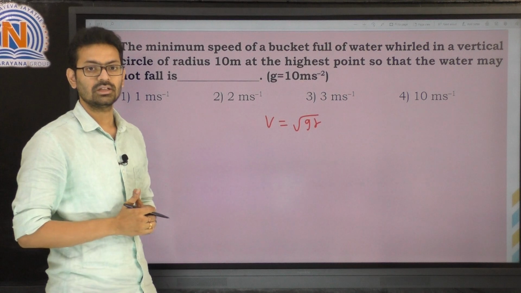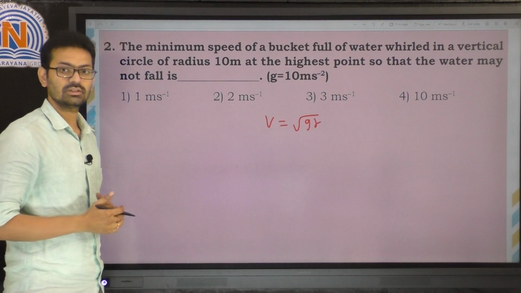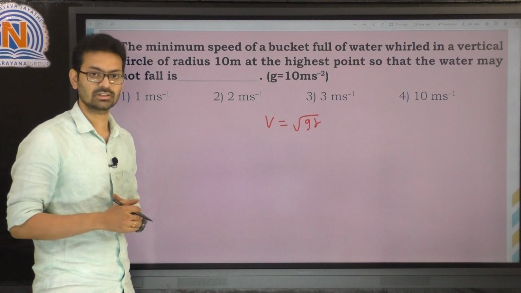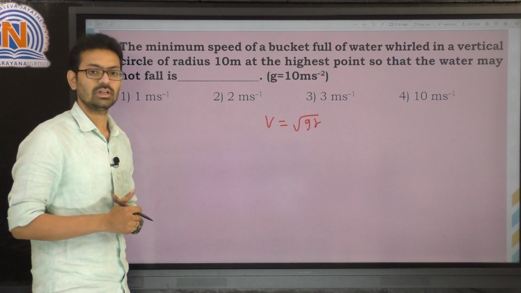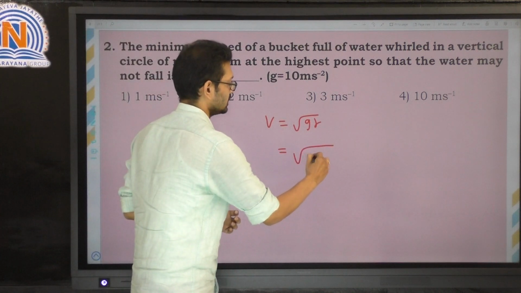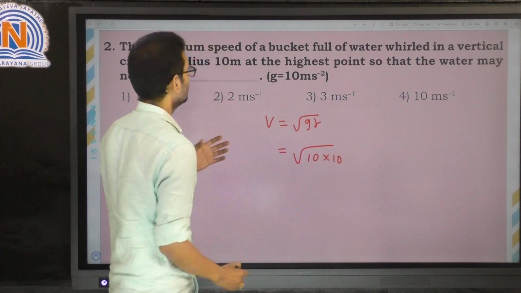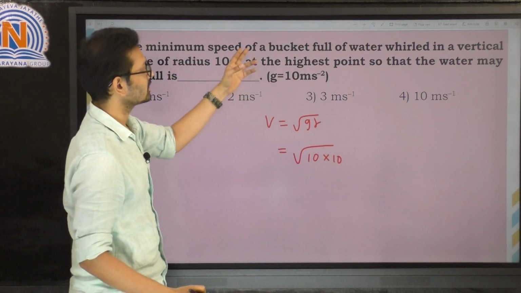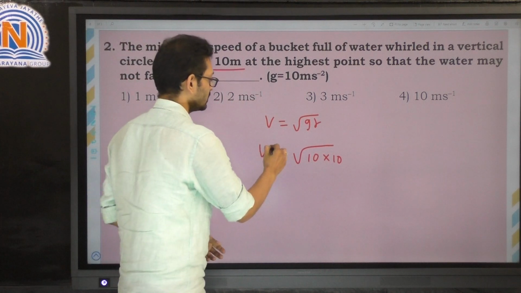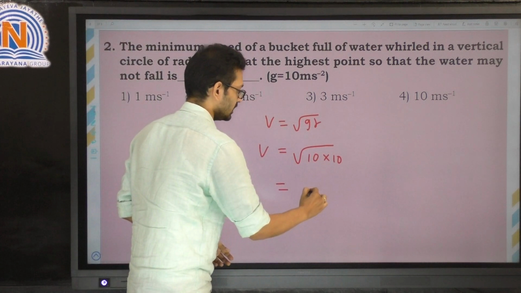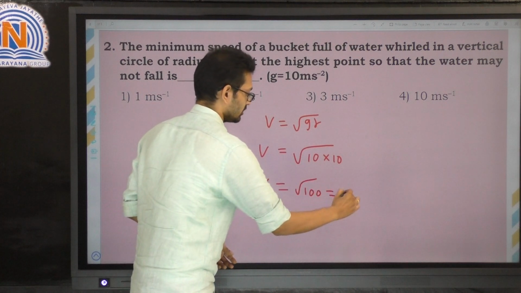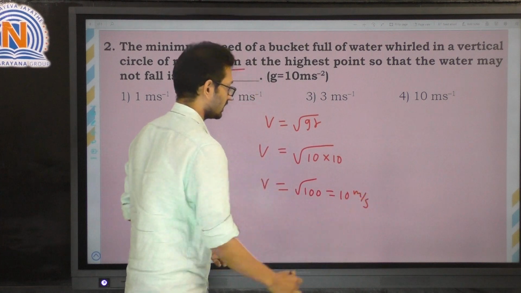Now, at the highest point, so that water may not fall, they are asking for the minimum speed. If you take g as 10 and r is also given as 10 meters, your velocity is going to be root 100, which is nothing but 10 meters per second.